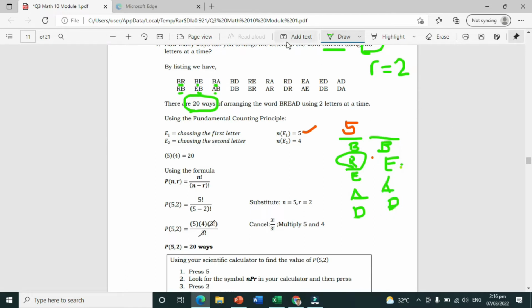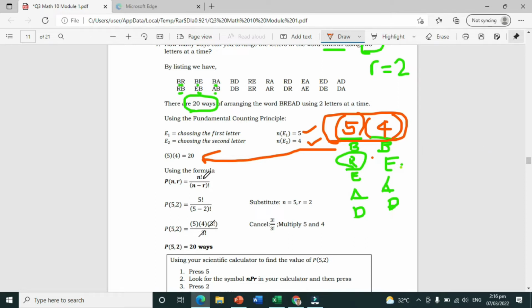So, ilang letters ang possible sa second digit? So, 1, 2, 3, and 4. Okay, good. Ayan. So, ito yung ibig sabihin ng 5, 4. So, kung gagamitan natin ng fundamental counting principle, all we need to do is to multiply. Multiply lang yan. So, 5 times 4 equals, yan, 20.